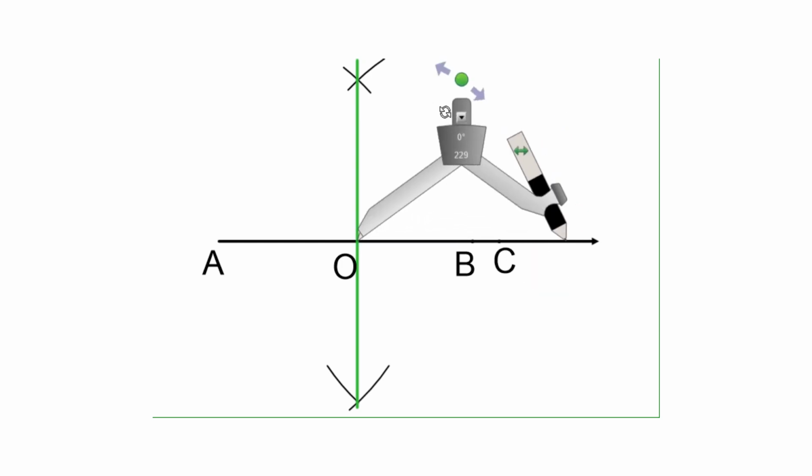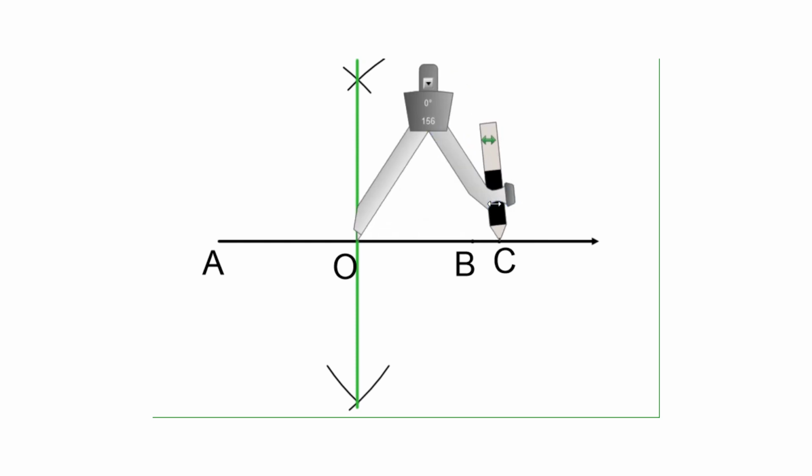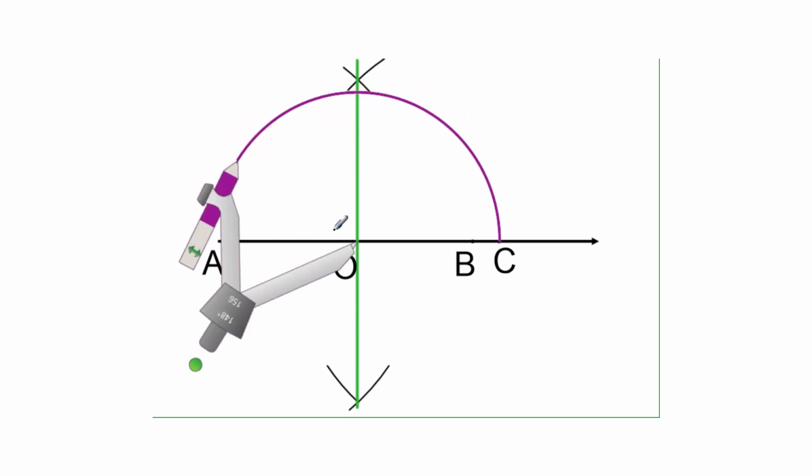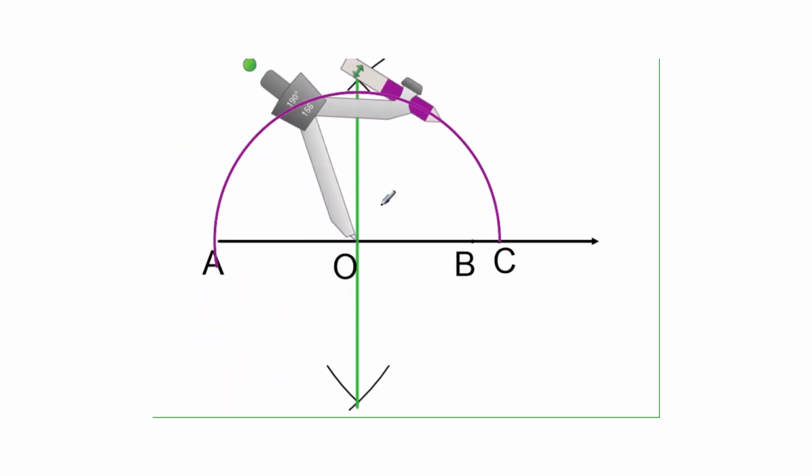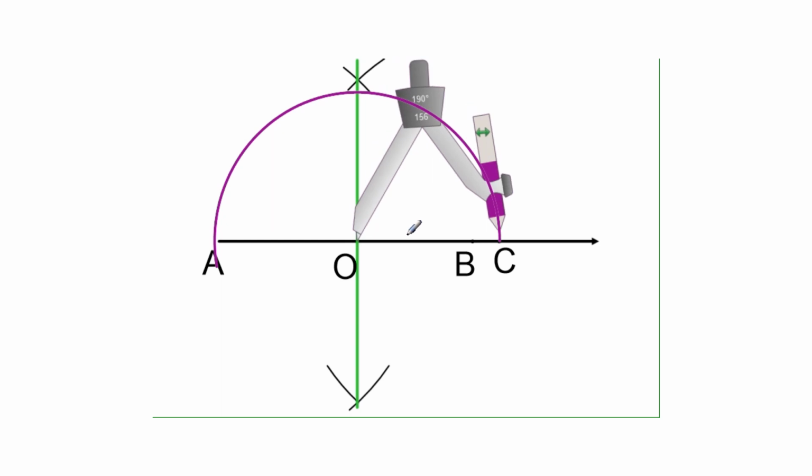You can take OA or OC, because this is the perpendicular bisector of AC. That semicircle should cut points A and C properly.